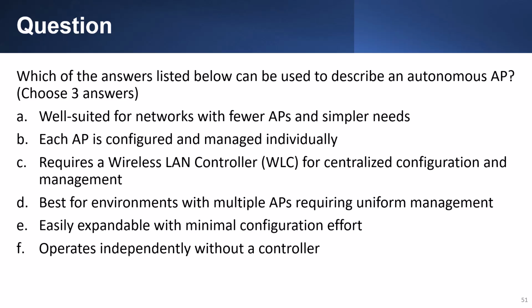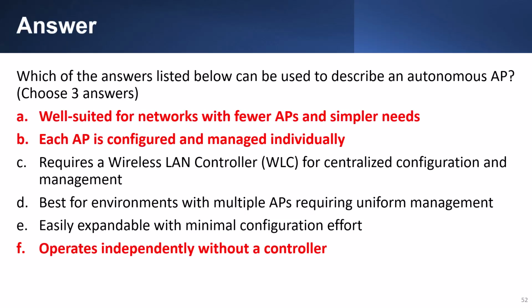Question: which of the answers listed below can be used to describe an autonomous AP? Choose three answers. Answers: well suited for networks with fewer APs and simpler needs. Each AP is configured and managed individually and operates independently without a controller.